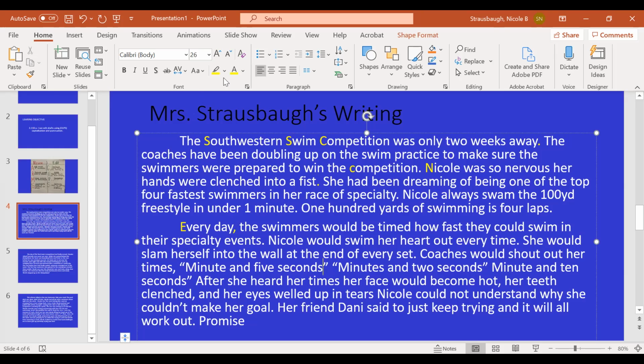So let's change that to an exclamation. All right, minutes. Oh, that's a grammatical error. We're not focusing on that today. Minutes and 2 seconds. Well, that's another statement, so I'm going to say another exclamation right there since they're yelling. And then, oh, we're forgetting quotations here because then it says minute and 10 seconds. Missing that. And they're still yelling.